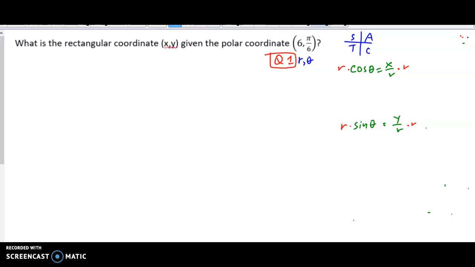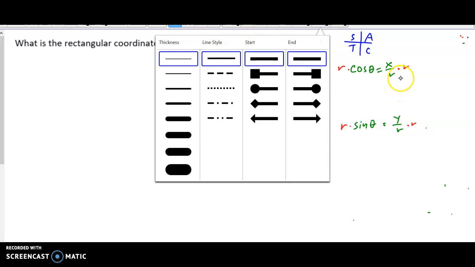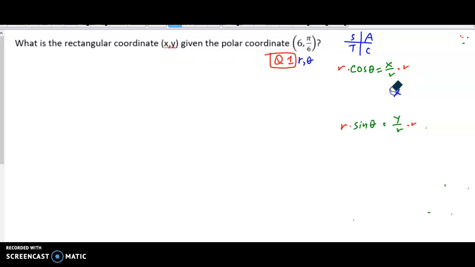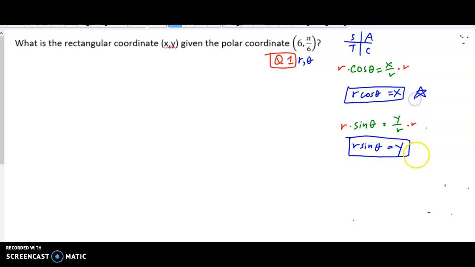Because then what we end up with is x is equal to r cosine theta, and y is equal to r sine theta. We're going to use these a lot.